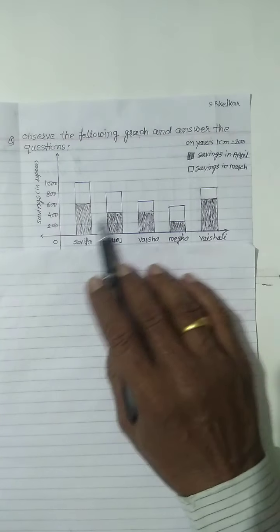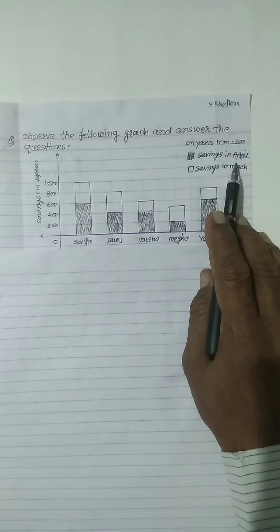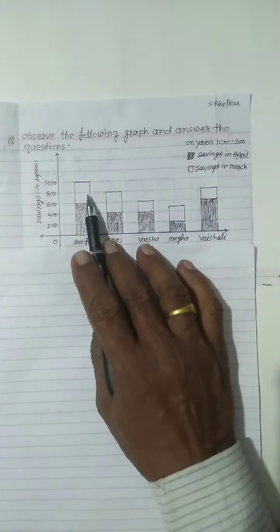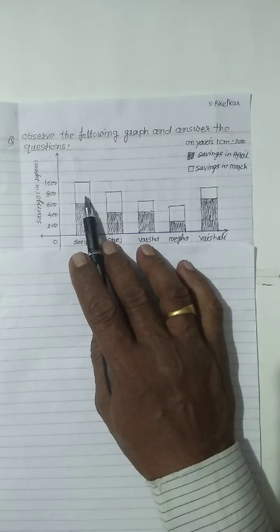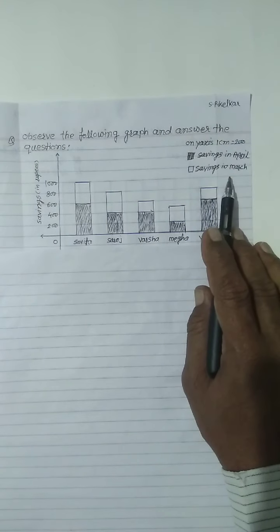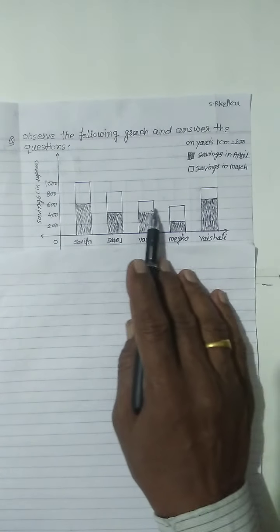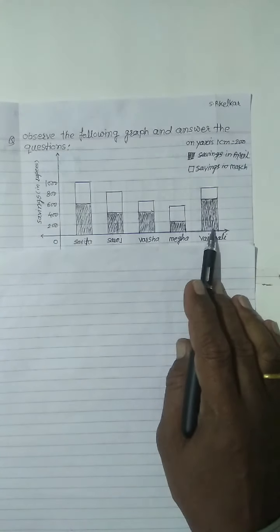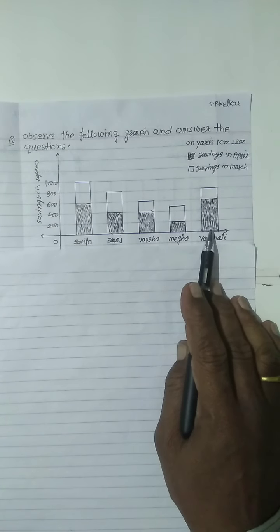The shaded portion is the saving in April and the non-shaded, blank portion is the saving in March. The top is the saving in March and the bottom shaded is the saving in April.